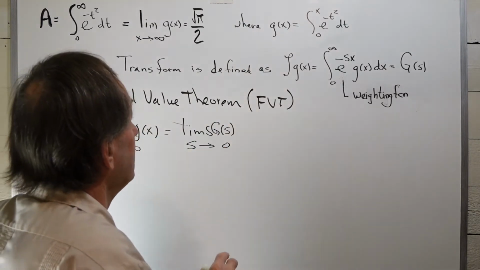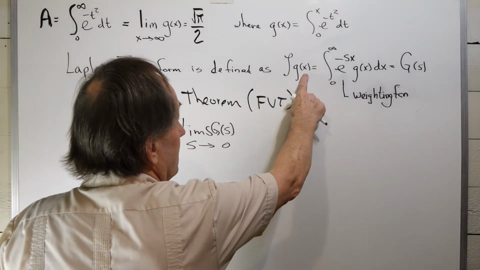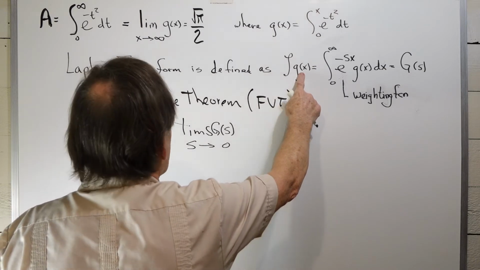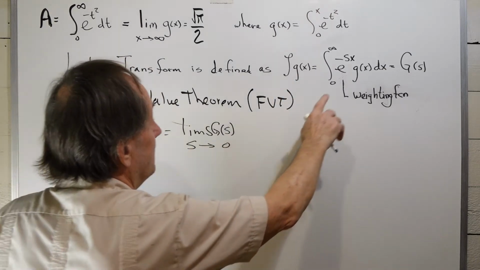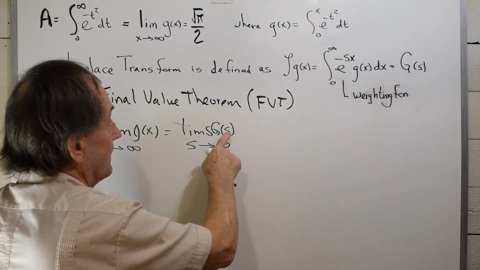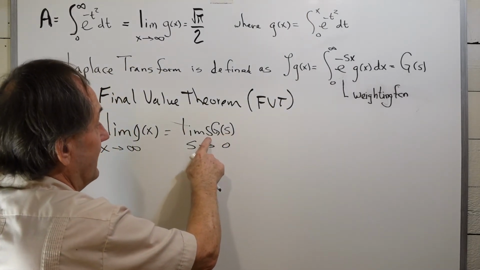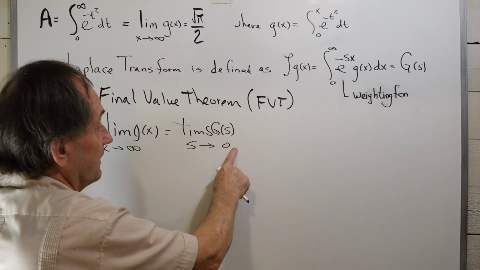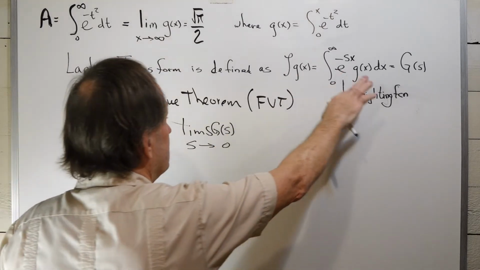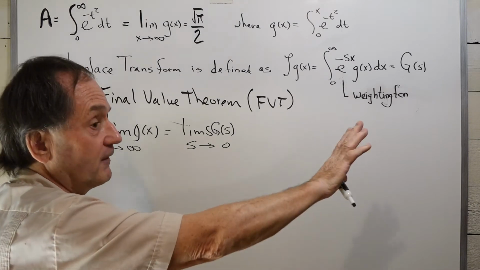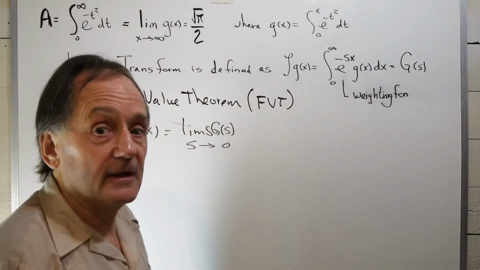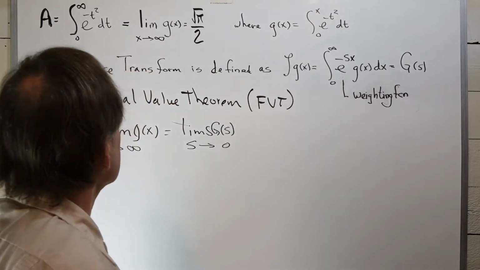So we can find the final value in the x space of g of x as x goes to infinity by knowing the Laplace transform of g of x, multiplying by s and taking the limit as s goes to 0. So if we know the Laplace transform of a function and we want to find its final value, all we have to do is multiply by s and take the limit as s goes to 0.